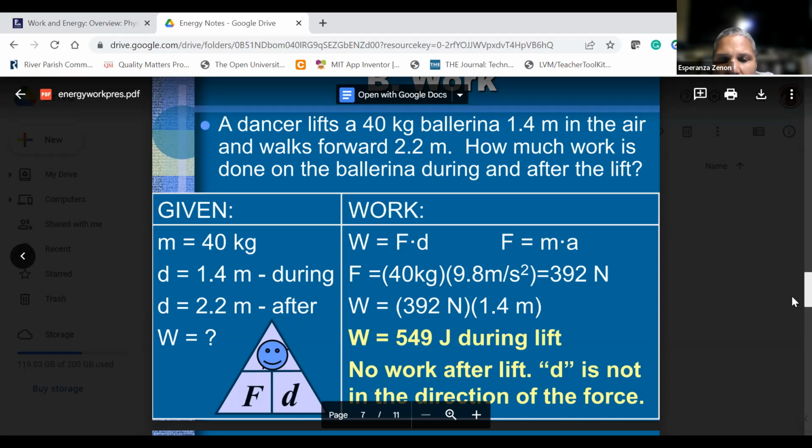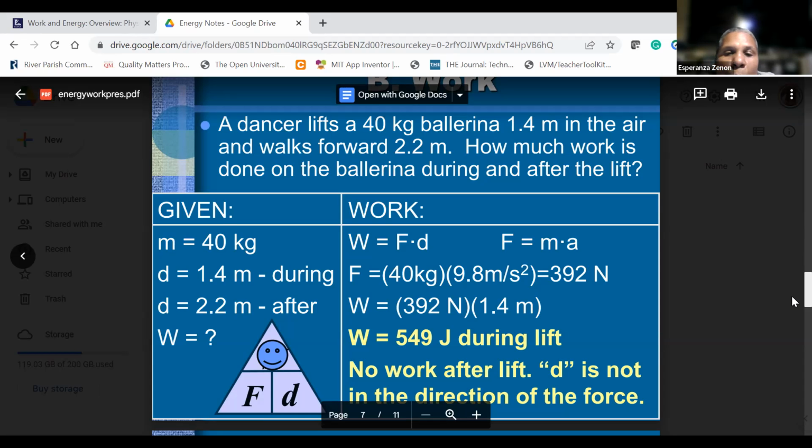Okay. Also, I like this example because they don't directly give you the force involved. You have to calculate the force involved by taking the ballerina's mass, in this case 40 kilograms, and multiplying by g, gravity, to get the force involved, the ballerina's weight.